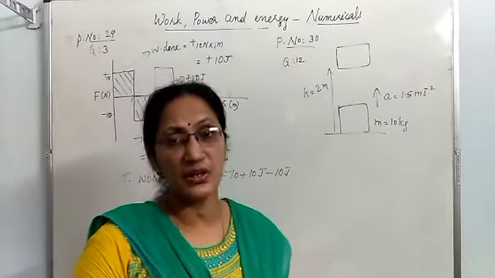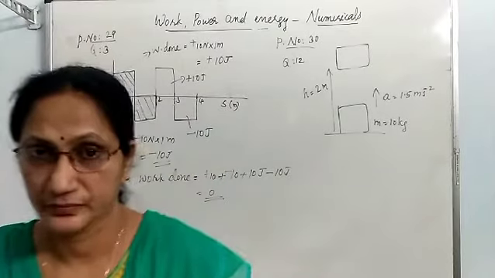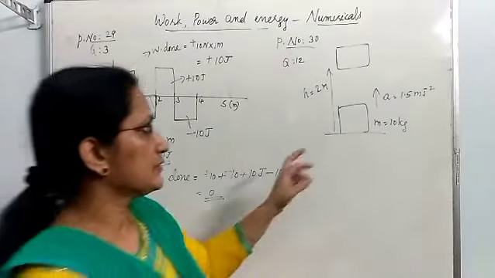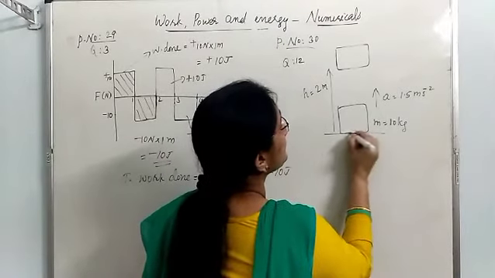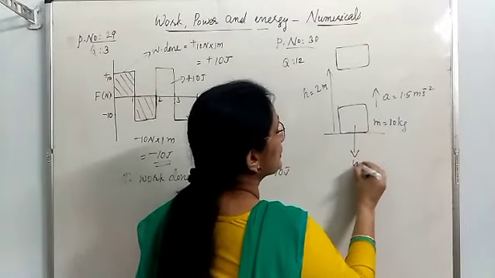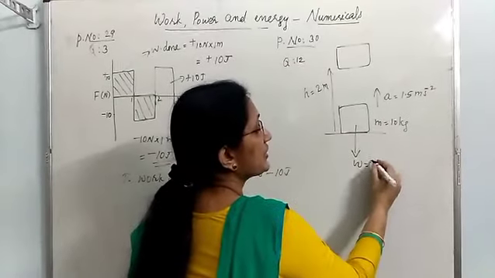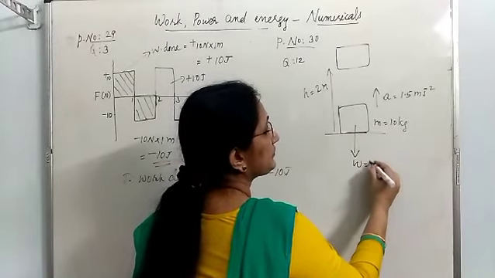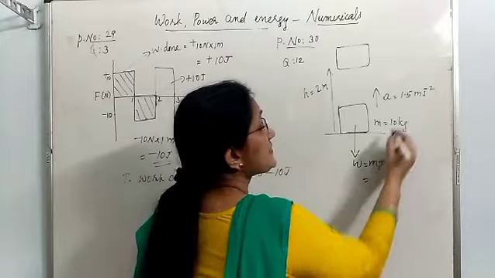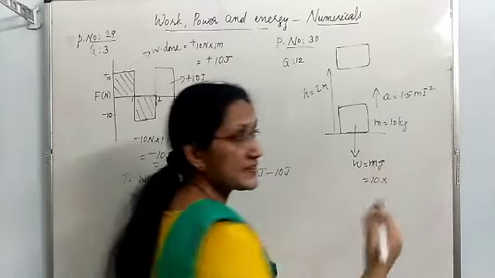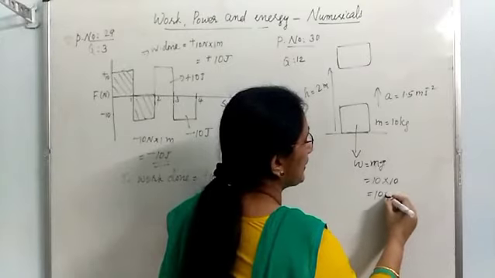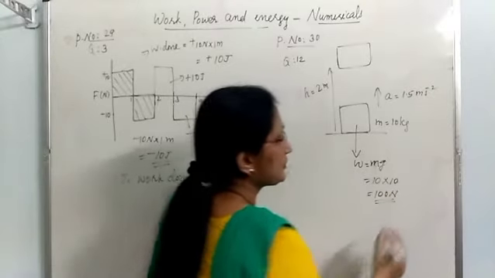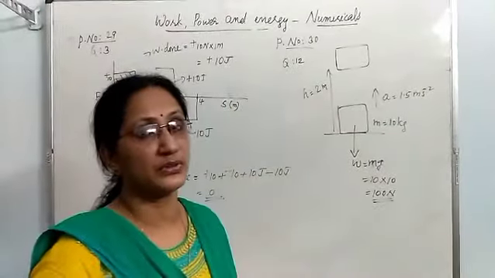How much is the work done? Here, you know the weight of this body acts downward. That weight is m into g. Mass is given as 10 kilogram. g is given in the question as 10.